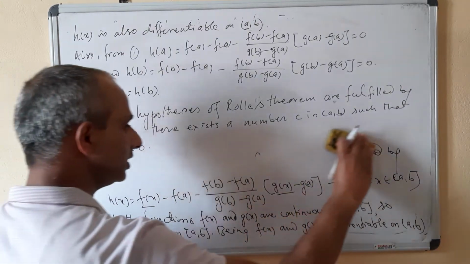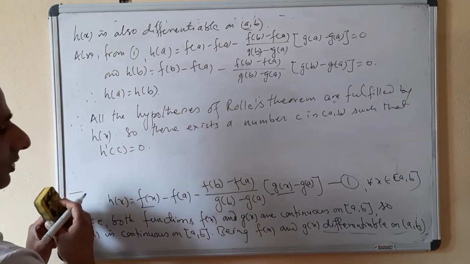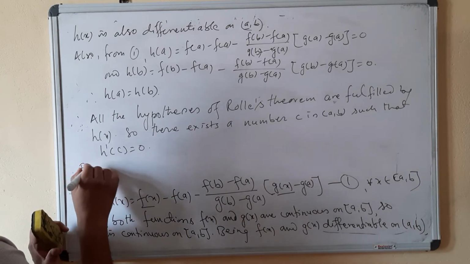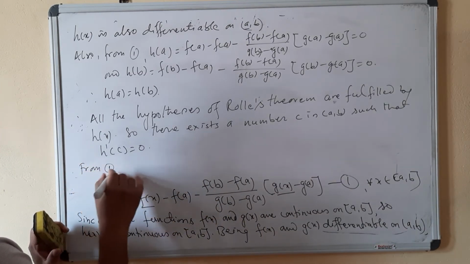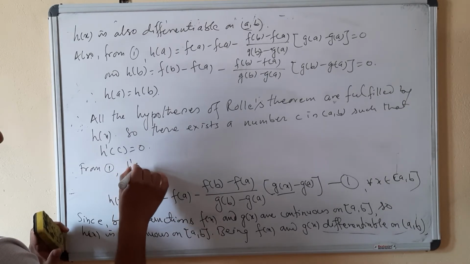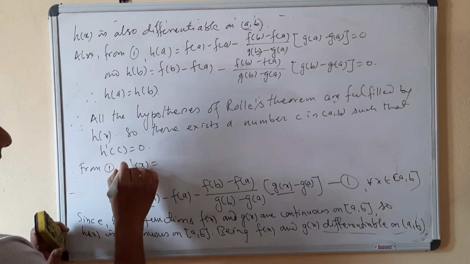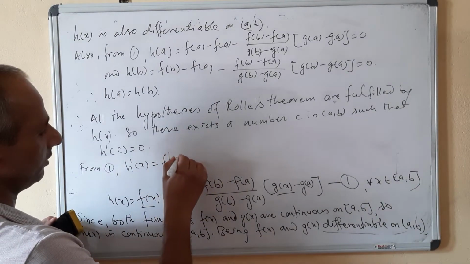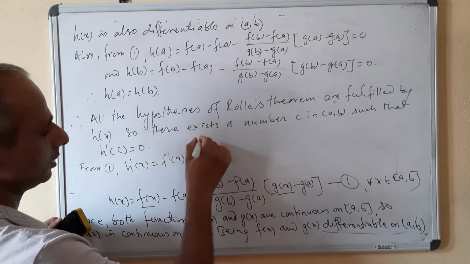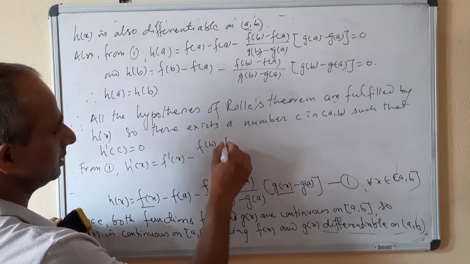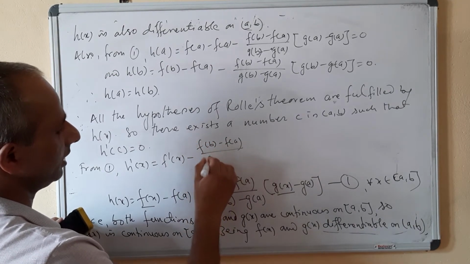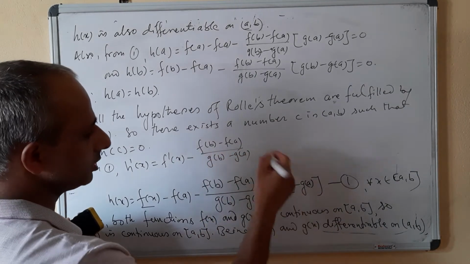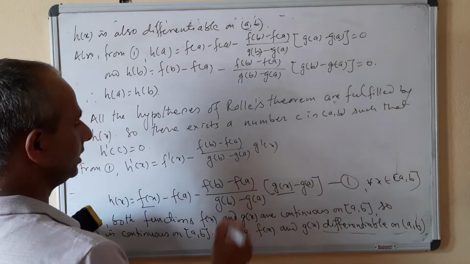For that we first need h'(x). And how to get h'(x)? We have got it from 1. From 1 we have h'(x) equals f'(x) minus (f(b) minus f(a)) divided by (g(b) minus g(a)) times the derivative of g, which will be g'(x).